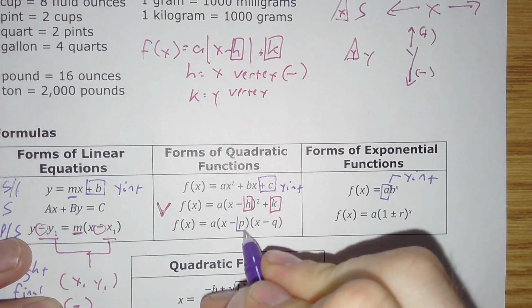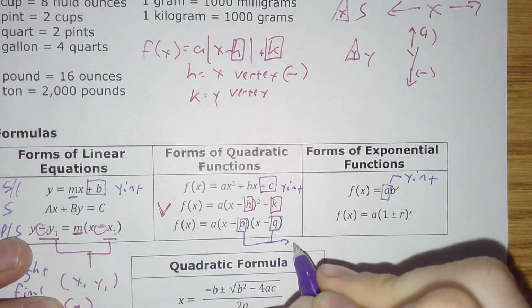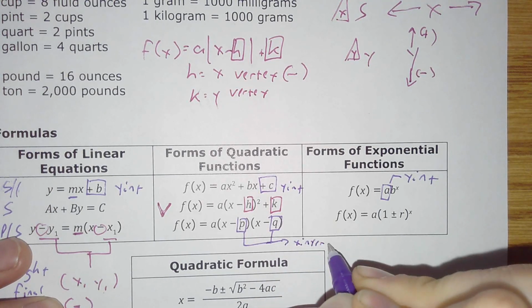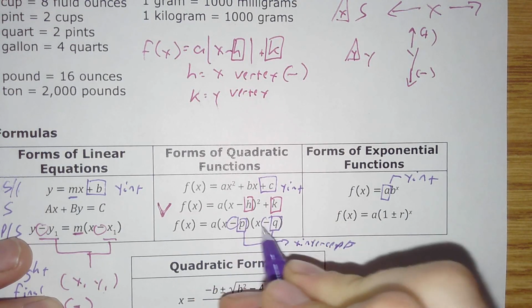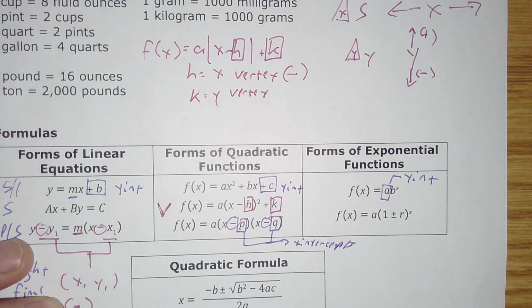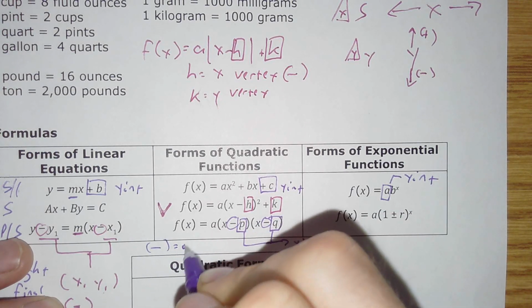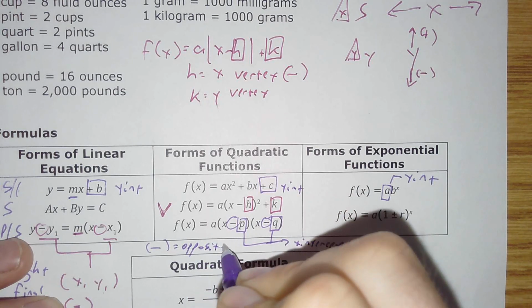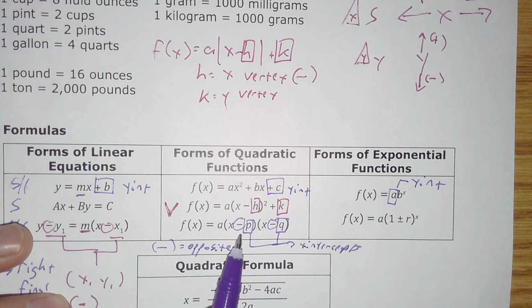Okay, and then over here you have this P and this Q, and this represents your x-intercepts. Now again, x's are negative, right? So x's are opposite, right? Negative, opposite. Whenever you see a negative sign in some of these equations, it's opposite.